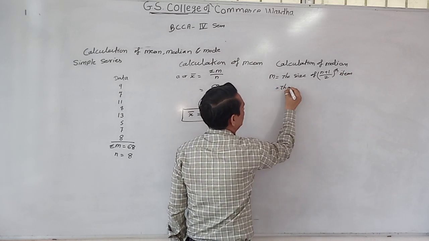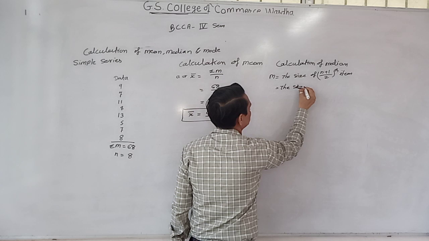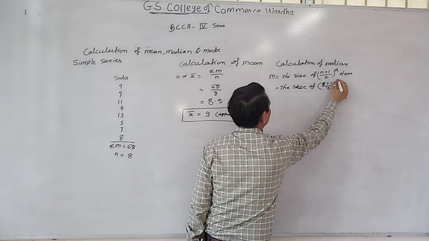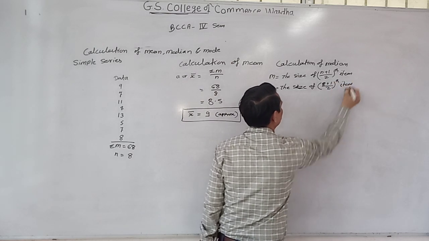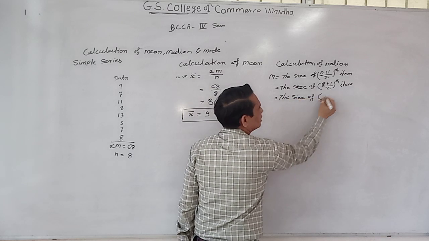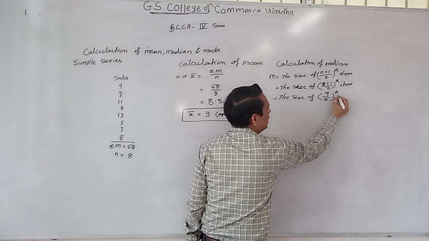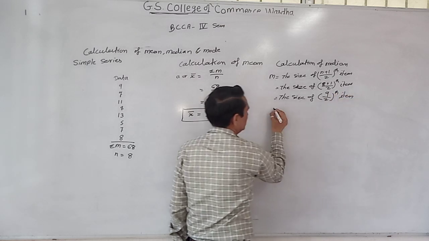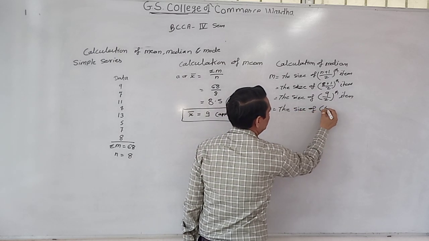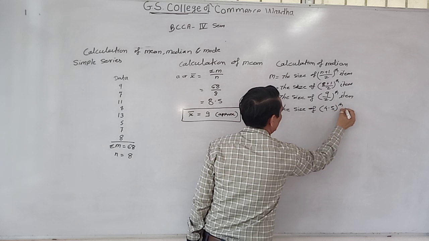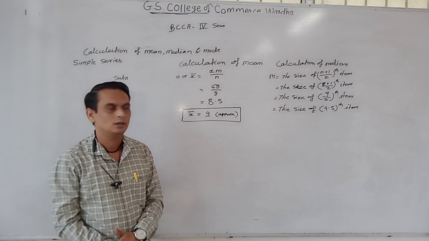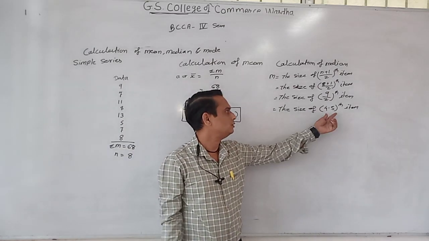So the size of (8 plus 1) divided by 2 item. So the size of 9 divided by 2, the item, the size of 4.5 item.